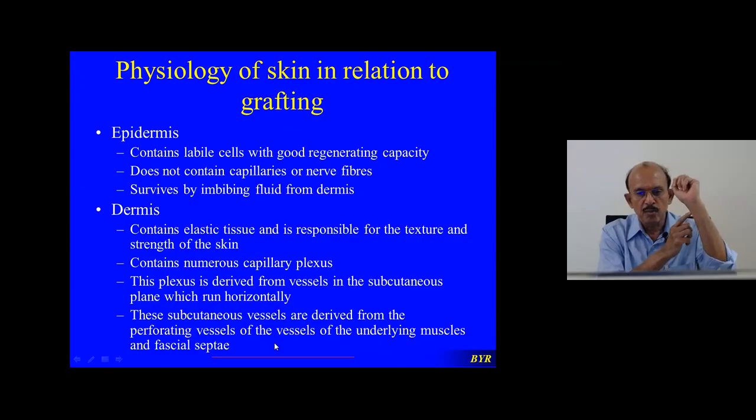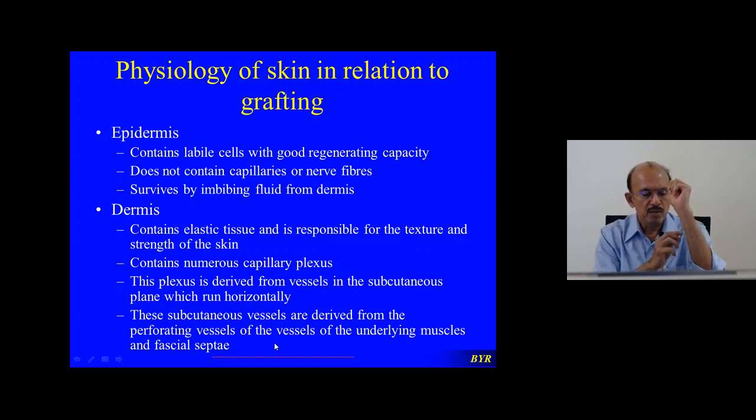If I remove a block of tissue here containing skin, subcutaneous tissue and the underlying muscle, with the blood supply that is coming to the muscle kept intact, the whole tissue can survive because the arteries supply the muscle.